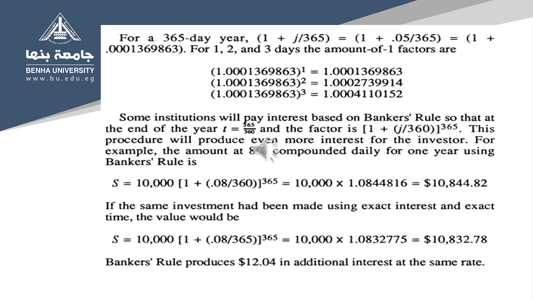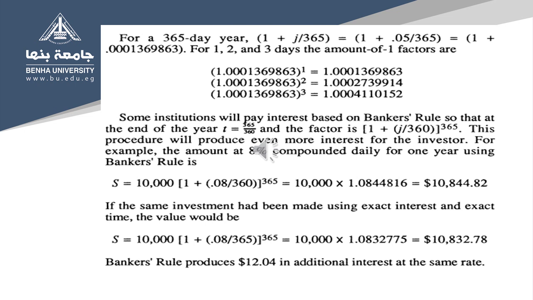For a 365-day year, 1 + J/365 is the amount of one factor. The amount of one factor for a 365-day year is 1 + 0.05/365, with the power 1, 2, and 3.